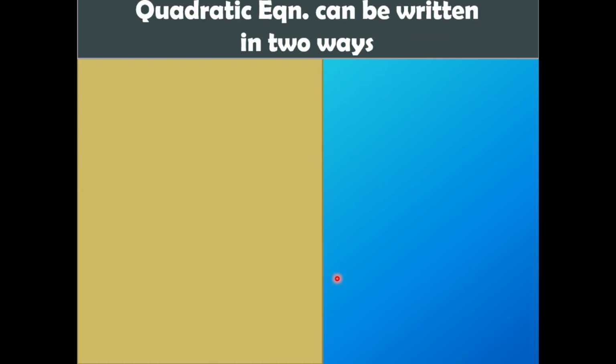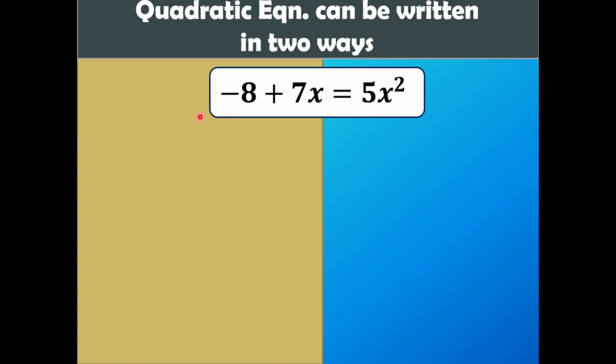A quadratic equation can be written in two ways. Let's have an example. Negative 8 plus 7x equals 5x squared. So we're going to rearrange this expression to become a standard form. Now, we can move the negative 8 plus 7x to the right hand side of the equation by subtracting negative 8 plus 7x from each side of the equation.